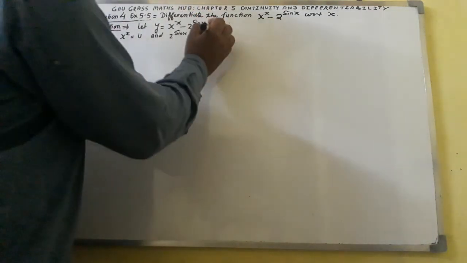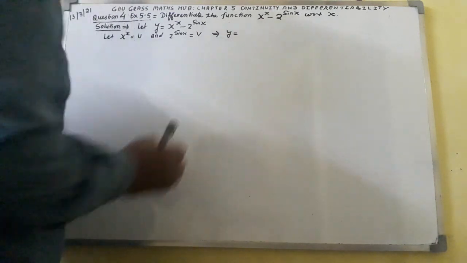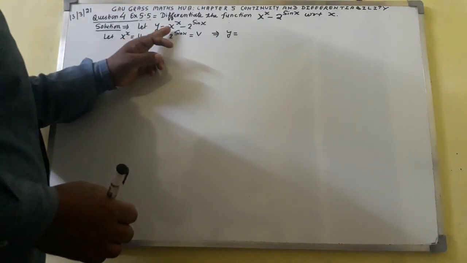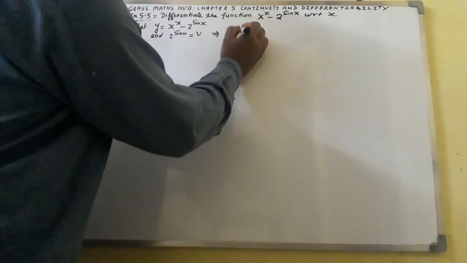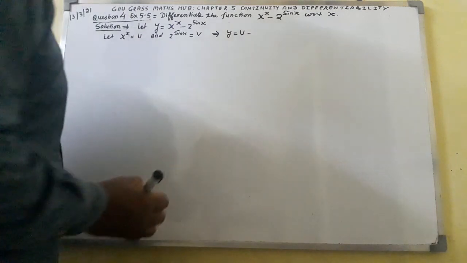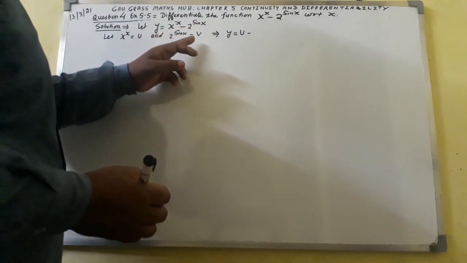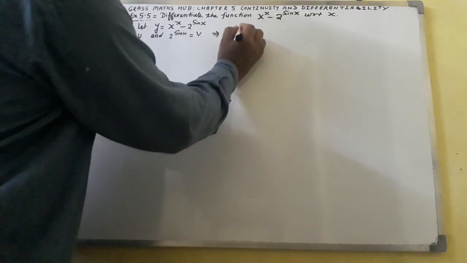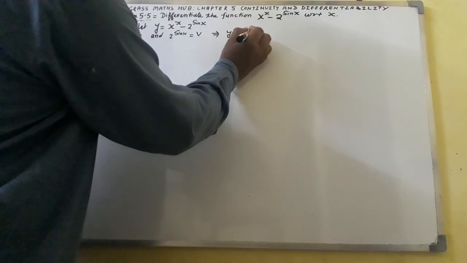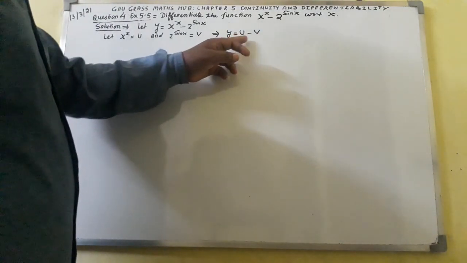Then it implies that y equal to, in place of x raised to power x I shall write u, minus, 2 raised to power sin x I shall write v. Y equal to u minus v.